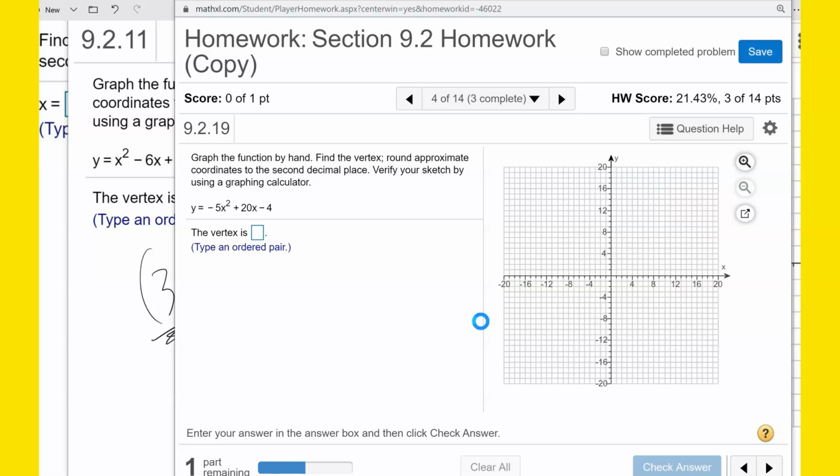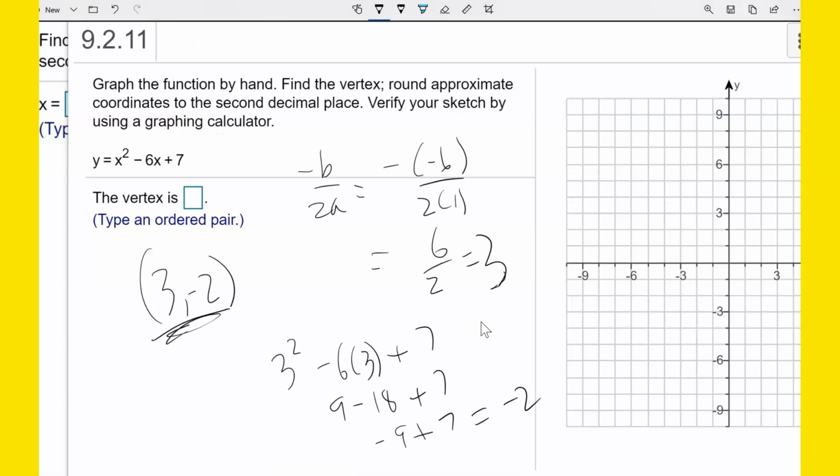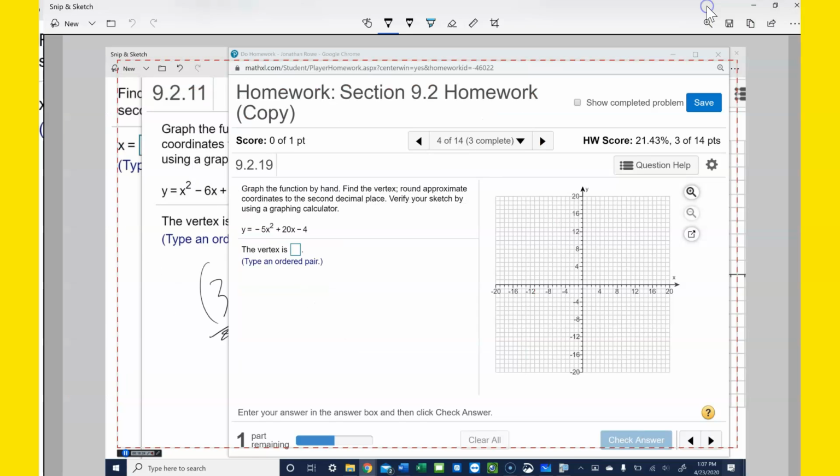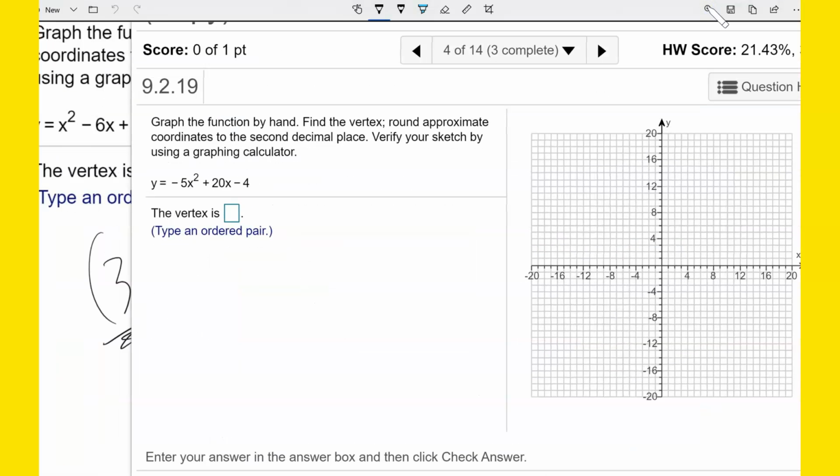Let's do another one. Again, negative b over 2a, in this case, is negative 20 over 2 times negative 5, which is negative 20 over negative 10, which is 2. So the x-coordinate's 2. Now plug 2 in.